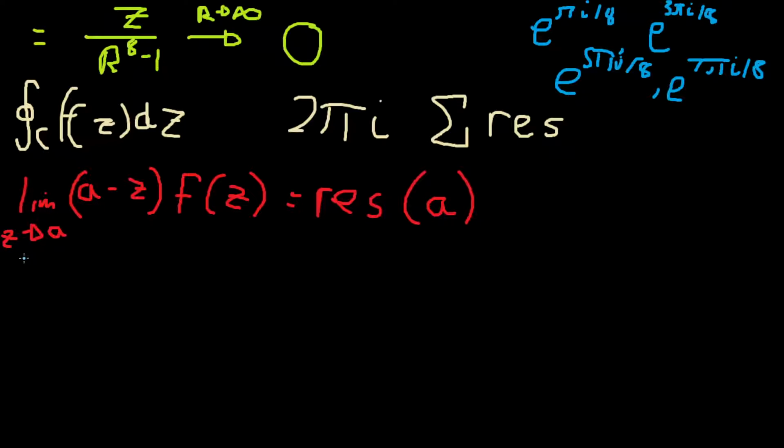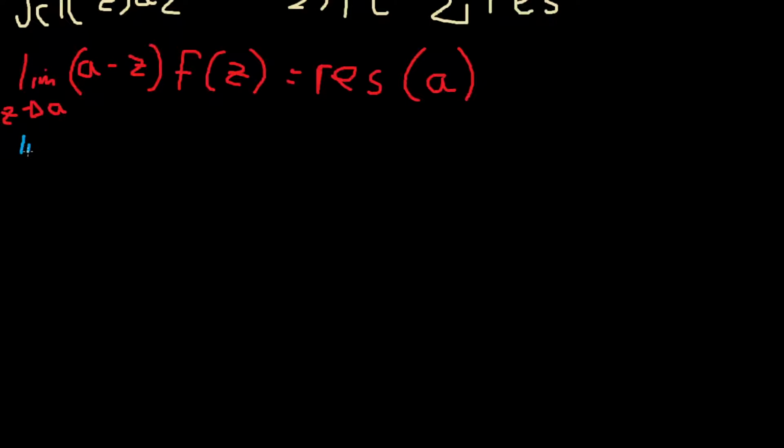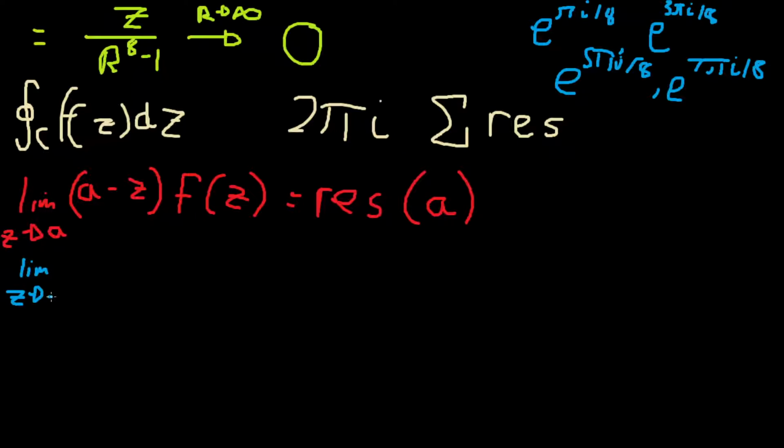So the limit as z goes to the first one, e to the pi i over 8, of z minus e to the pi i over 8, and our f of z is 1 over z to the 8th power plus 1. Let's just rewrite this as z to the 8th plus 1.